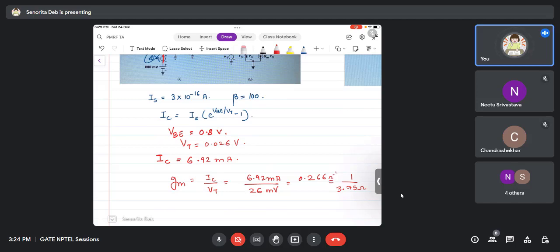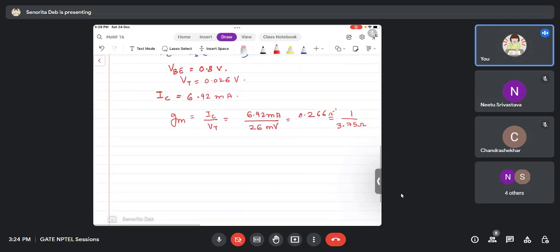So, GM is equal to 1 by 3.75 ohms, and therefore, what is R pi? R pi is nothing but beta upon GM. Beta is given as 100 into 3.75, this gives you 375 ohms.